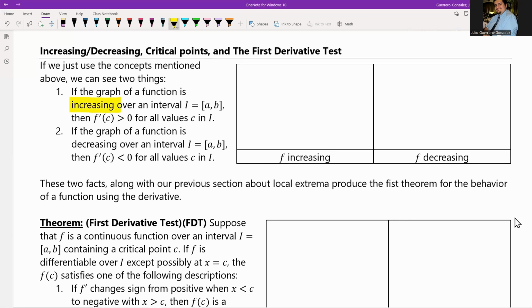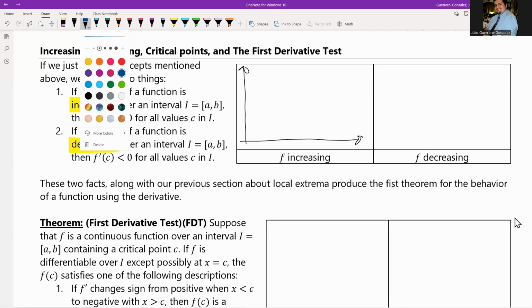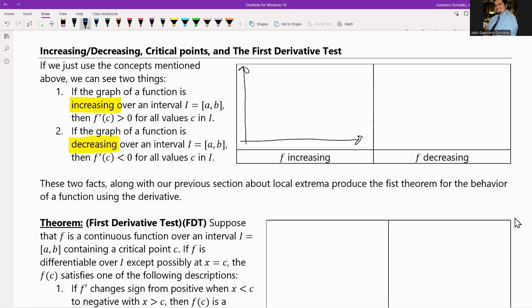The first thing I'm going to cover is this. If a function is increasing, then we know that the first derivative at any point c is going to be positive. So I'm going to stick in my x and y and put two graphs down, one that does this kind of increasing and the other that does this kind of increasing.